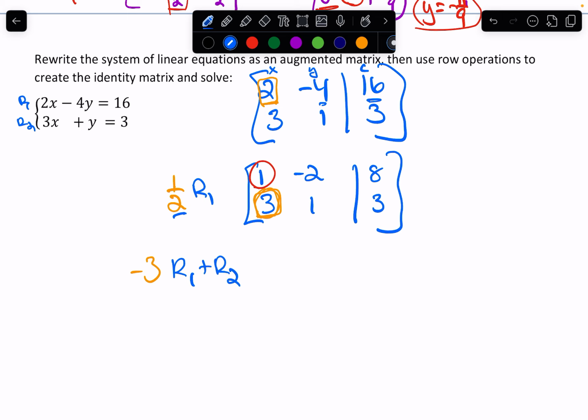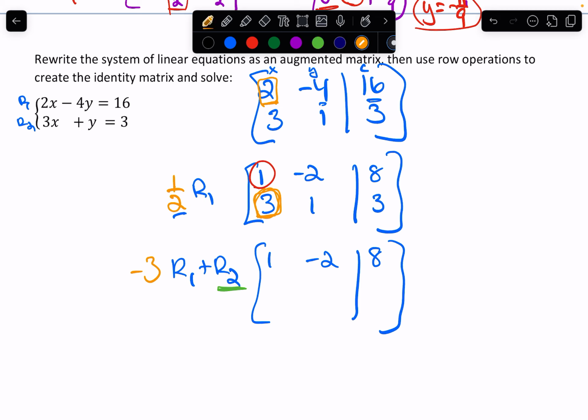So what happens here? Our first row does not change. It stays like it is. It's our second row that we are changing. So we're adding that first row to the second row after we multiplied by -3.